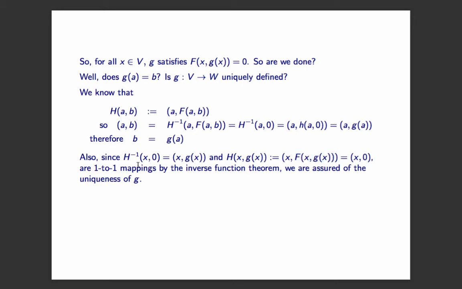But both H and H inverse are one-to-one mappings. I mean, if they weren't, H wouldn't be invertible. So we're assured of the uniqueness of G by the inverse function theorem. Okay, now we're done. We get our square.